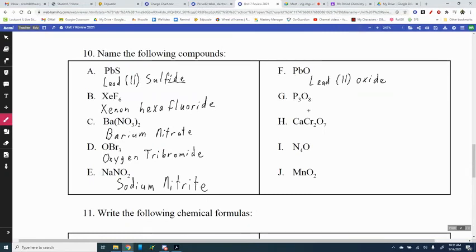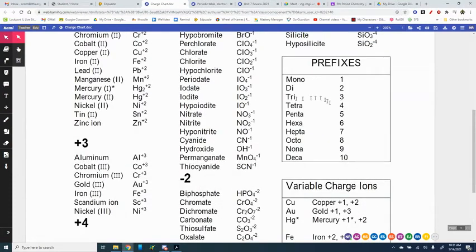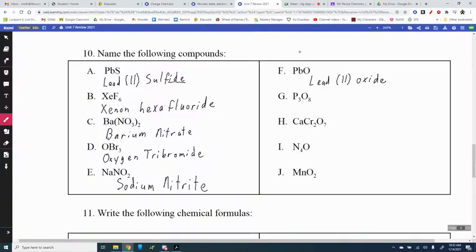So 3 is tri. 8 is octo. So triphosphorus octoxide.